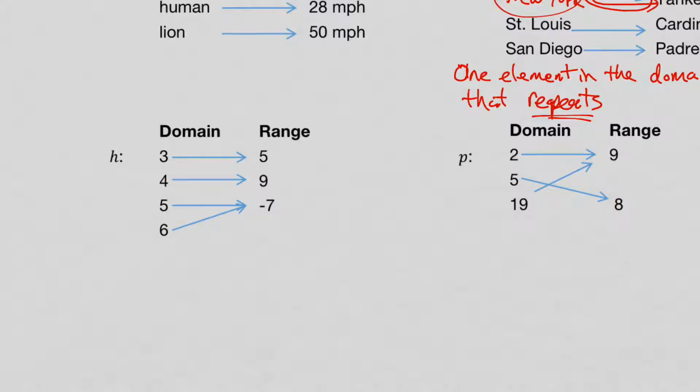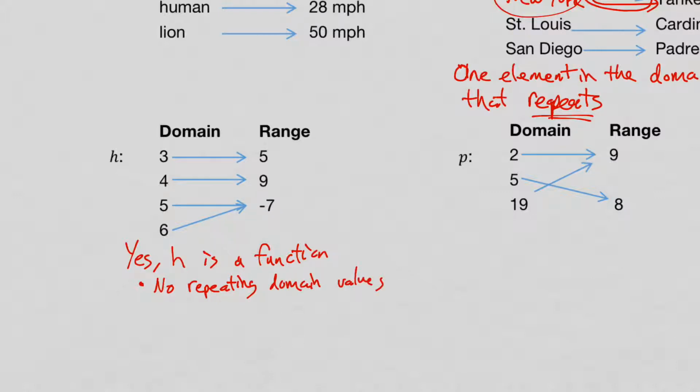Okay, so this is a function. This agrees with the definition. H is a function. Okay, so we can say, why is it a function? 2 reasons. No repeating domain values. Okay, that's the technical reason why.